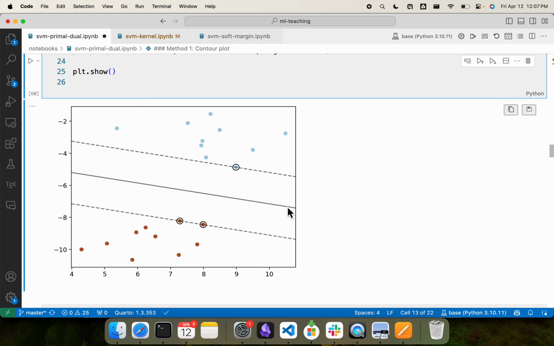Can you tell me the equation of the line in y equal to mx plus c form? Can you work it out in your notebooks? So w is a vector, x is a vector. You can write w dot x to be w1 x1 plus w2 x2 plus b equal to 0. Then give me in the form of y equal to mx plus c, where y is the same as x2 dimension here.